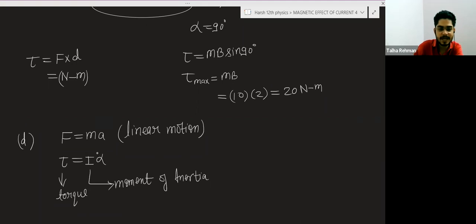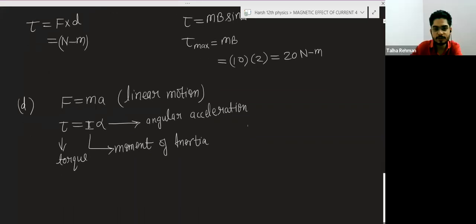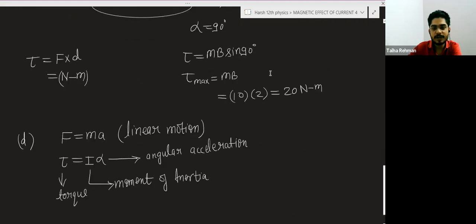This alpha here is the angular acceleration. So torque is equal to I alpha. This coil will rotate like this. There will be a torque on this coil due to the magnetic field, and that torque we have already calculated. 20 is the torque.